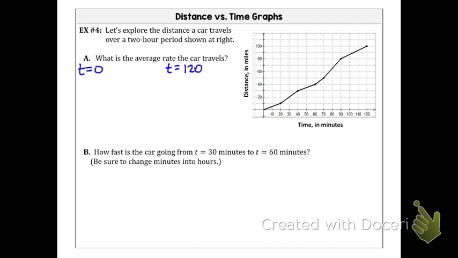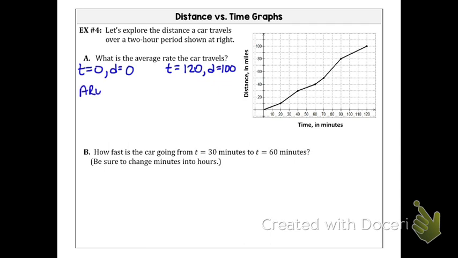All right, so when time is 0, the distance is 0. And when time is 120, the distance is that 100? Yeah. Okay, there's my x1, y1, x2, y2.